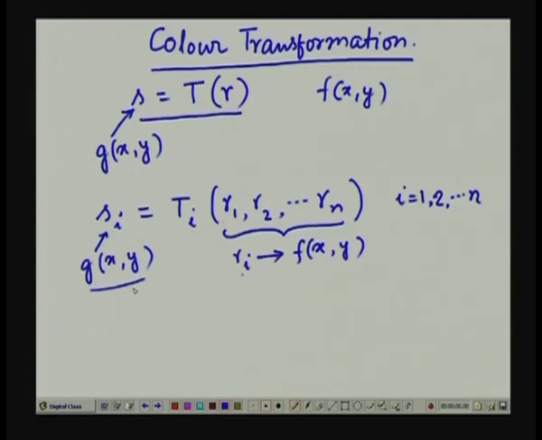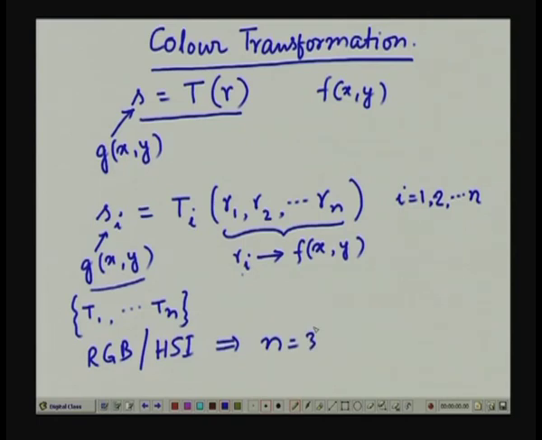Here n is the number of components in this color specification. And T i, that is T 1 to T n, is the set of transformations or color mapping functions that operate on r i to produce s i. If we are going for RGB color space or HSI color space, then the value of n is equal to 3, because in all these cases we have 3 different components.